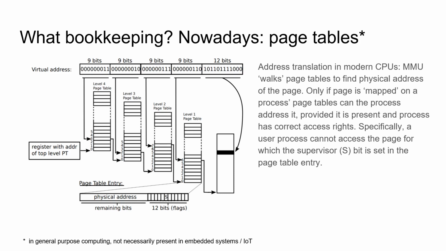In this particular case, it contains the number 6. So we look at the 7th entry in this page table, and there we find the physical address of the actual memory page that contains the data. And like I said, we use the remaining 12 bits to find the byte that we want to access on this page. So we have virtual addresses that get translated to physical addresses.